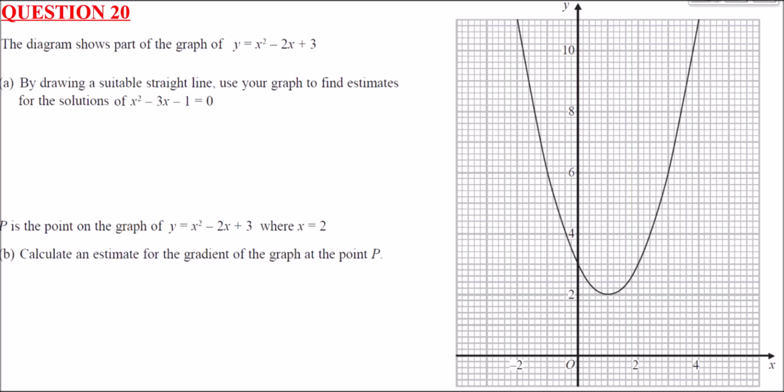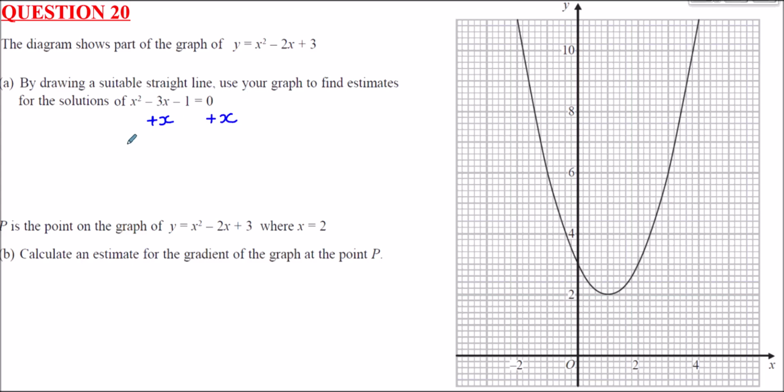Okay, so to go from x squared minus 3x minus 1 and compare that to the actual curve we've got here, I need to add on an extra x, because the curve only has minus 2x, and this has minus 3x. I need to add an x to both sides.